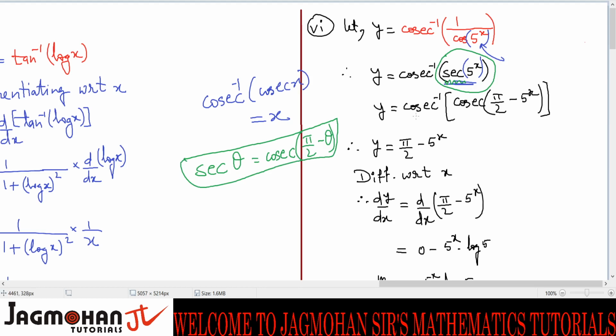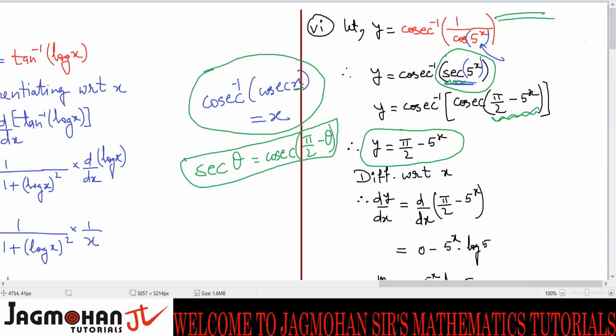Then having done this, now I use this result. This result says cosec inverse of cosec x will be simply x. So cosec inverse of cosec of this will be simply this part, pi by 2 minus 5 raised to x. Now once I got this simplified step, I differentiate both sides with respect to x. You need to be careful, students. Many a time you will be given a function to be differentiated, and with keen observation and with your practice you will know that you don't have to differentiate such functions directly.